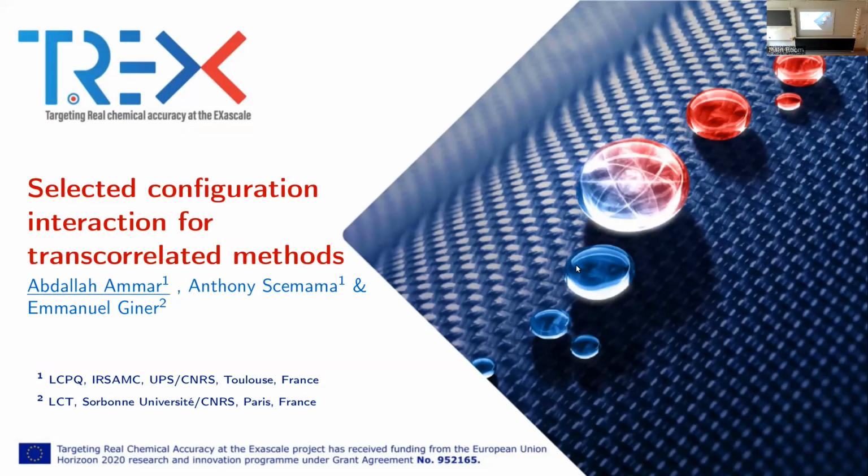So, hello everyone. First, I would like to thank the organizers for this nice workshop. The main goal of this work is to develop a selected CI algorithm to compact the wave functions in the presence of an explicit correlation factor.